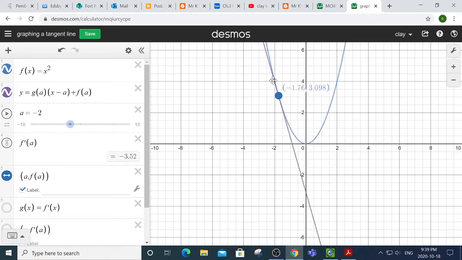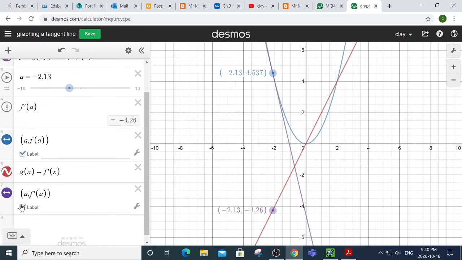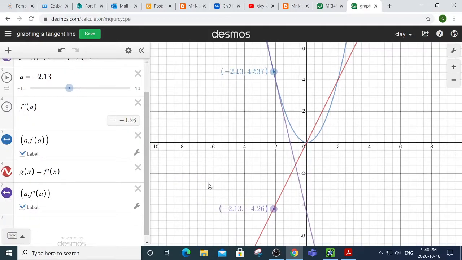Maybe it would make a little more sense to you if I actually put the other line here. So give me a sec here. Suppose I put, there it is, and let's put a point on there to show that this is the value of the slope. So here, let's label it. Here, when I have an x value of negative 2.13, the slope value, the value on this graph is 4.531, but the actual value of the slope here is negative 4.